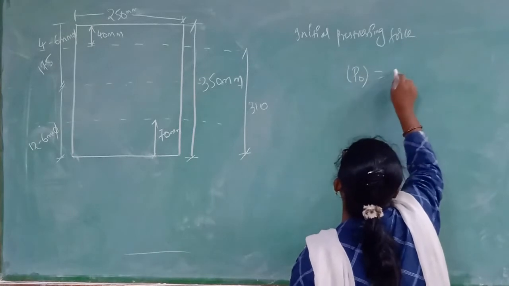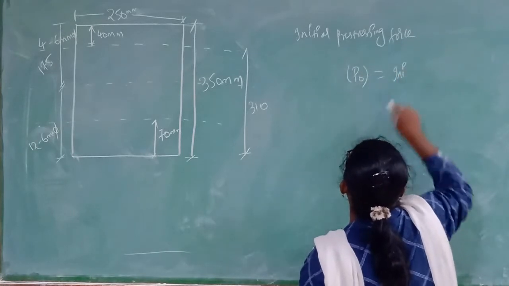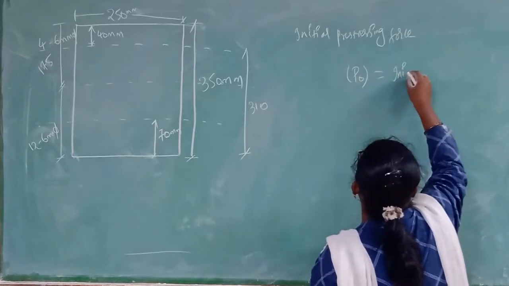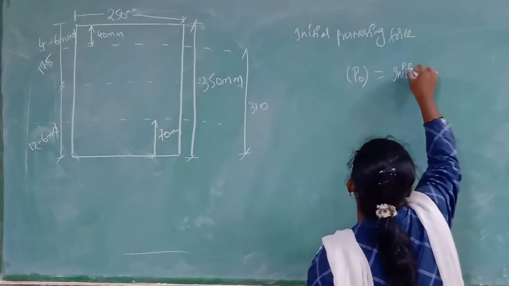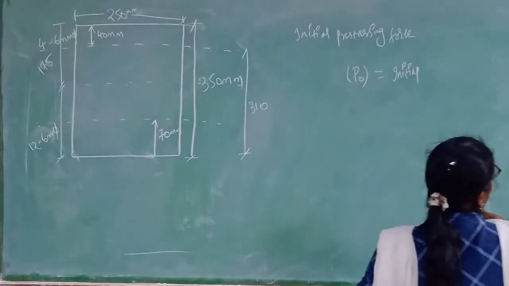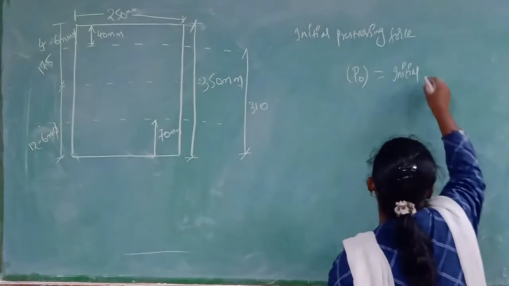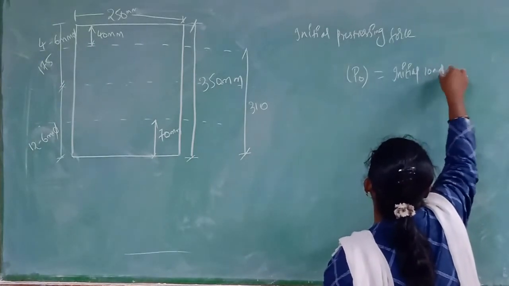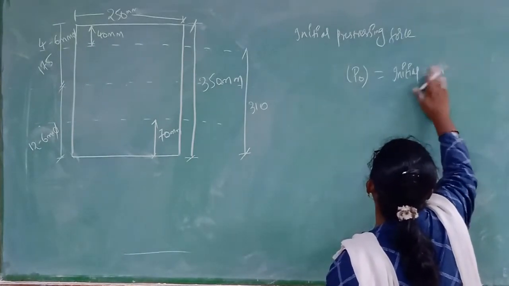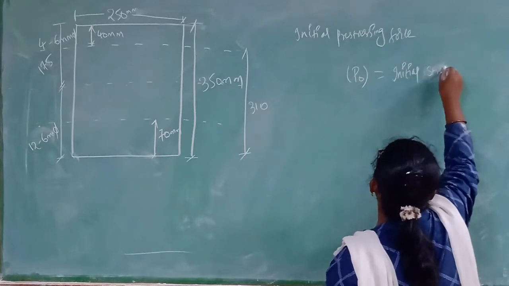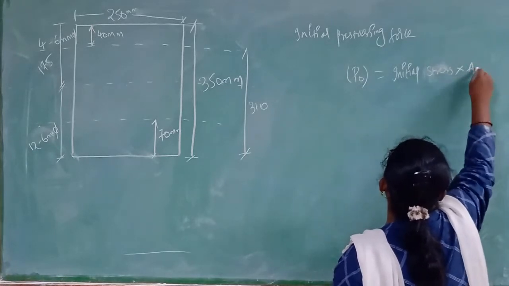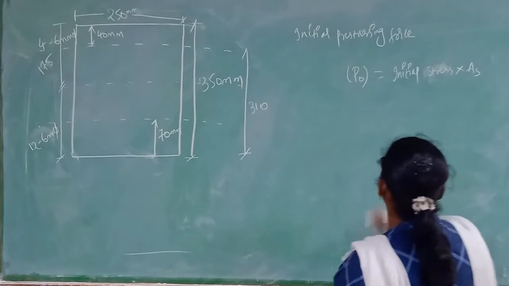P naught equals initial stress into area of steel.